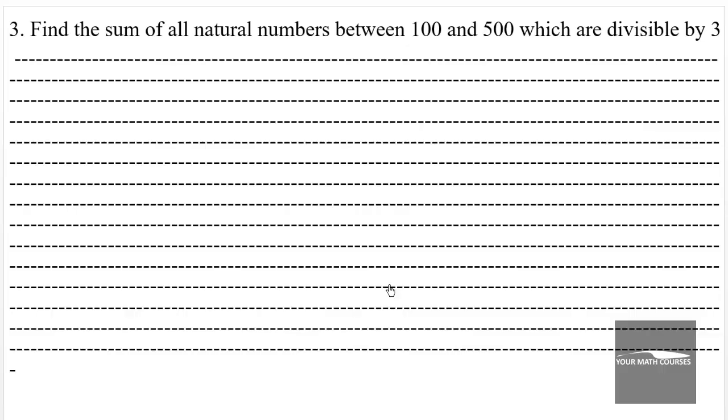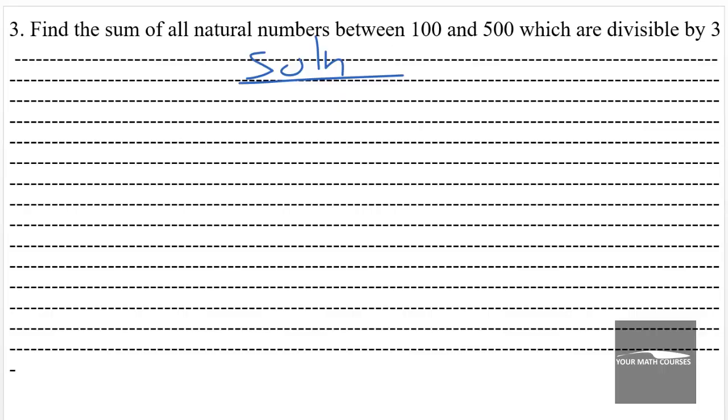Question number 3. Find the sum of all natural numbers between 100 and 500 which are divisible by 3. So this is the application of sequence and series, AP, arithmetic progression. We need to find the first term between 100 and 500 that is divisible by 3. Remember that if a number is divisible by 3, when we sum the digits, we need to get a multiple of 3.